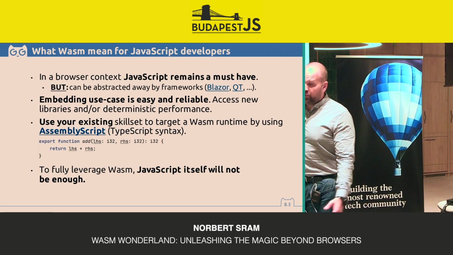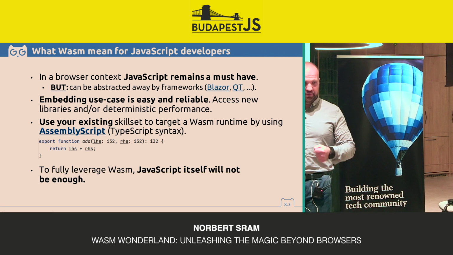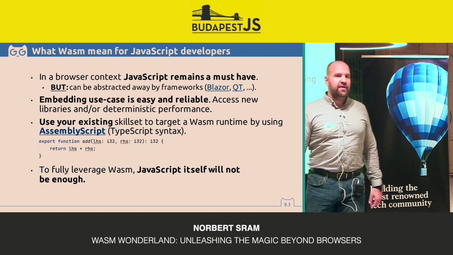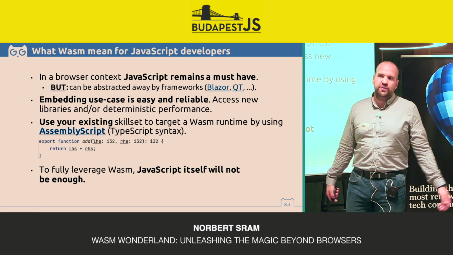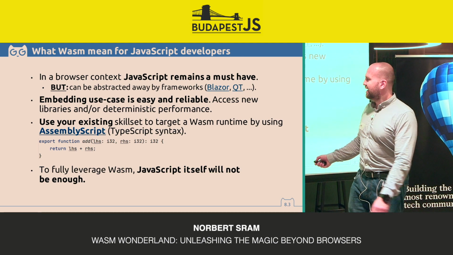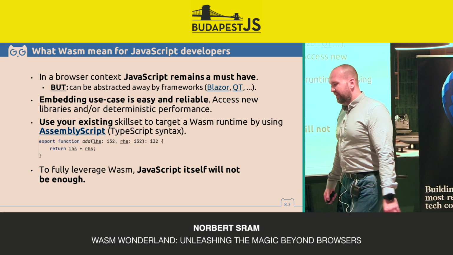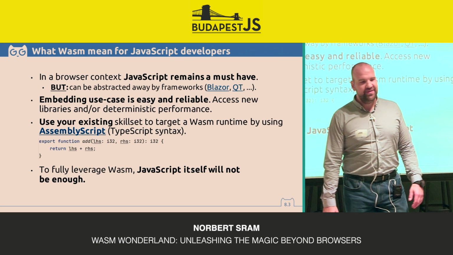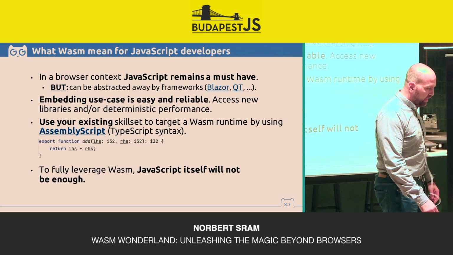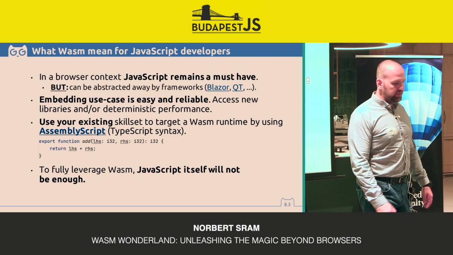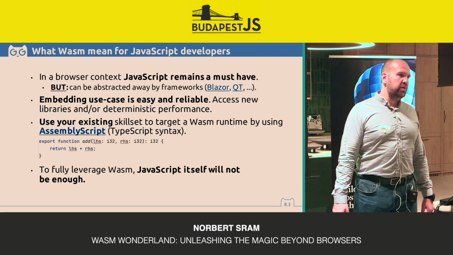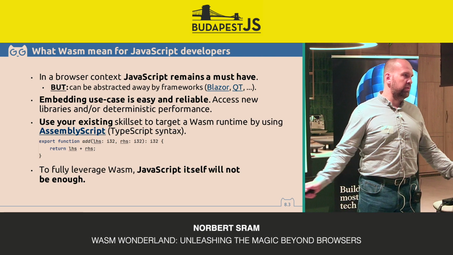And of course, I showed that we write assembly by hand. You shouldn't do that. If you know TypeScript, you can easily just use AssemblyScript and it works. That's the addition function. It would behave the same way, but it was more fun to start with the assembly text. Last but not least, I think this is the most important: JavaScript won't get you far with Wasm if that's all you know.